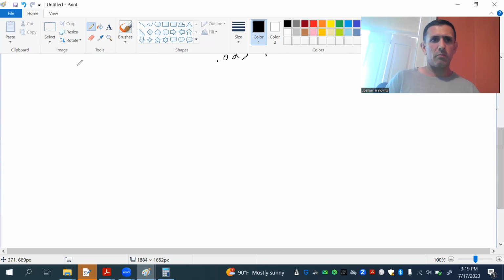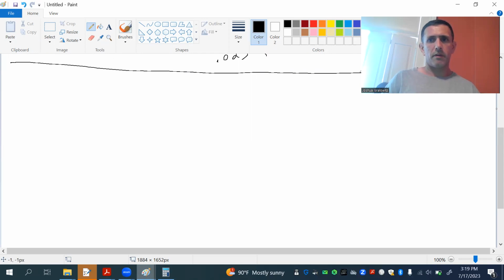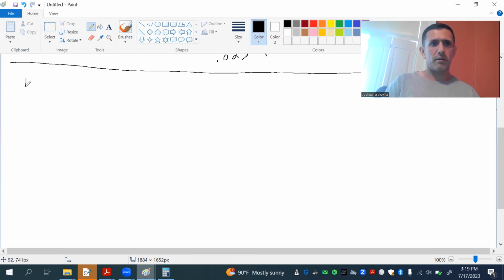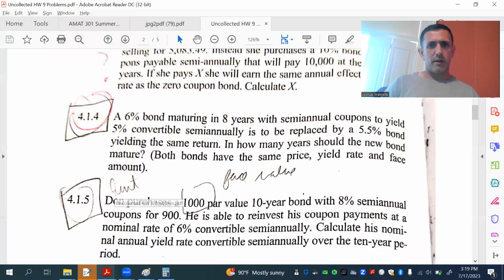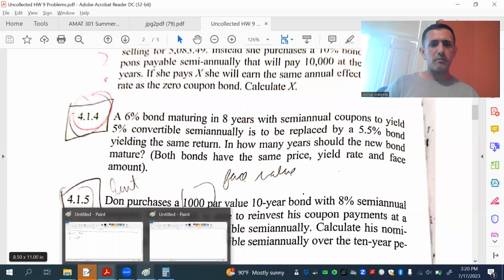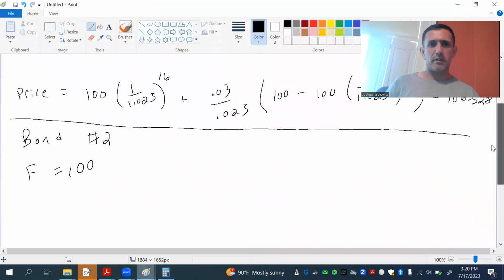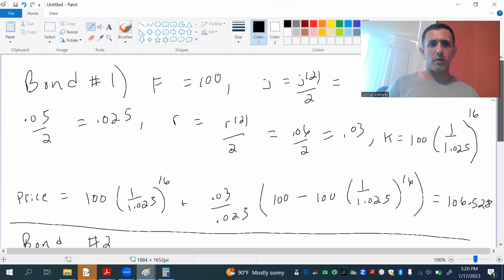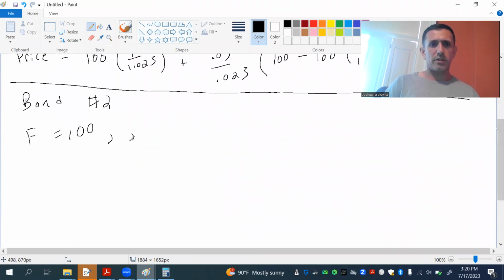Okay, so let's go to bond 2. So the face value is 100. The price is the same, yield rate and face value are the same. I just wrote that, sorry about that. So let me write down the yield rate. Remember that is 0.025, the actual 6-month yield rate.